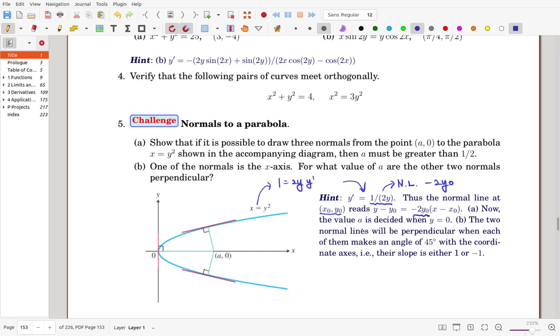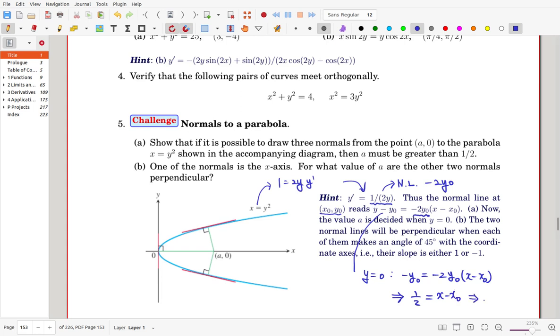So you are putting y equals 0. Okay, I'll give you a hint for only this one. If you put y equals 0, then minus y0 equals minus 2y0 times (x minus x0). So divide by y0, and divide by minus 2, so that half equals x minus x0.